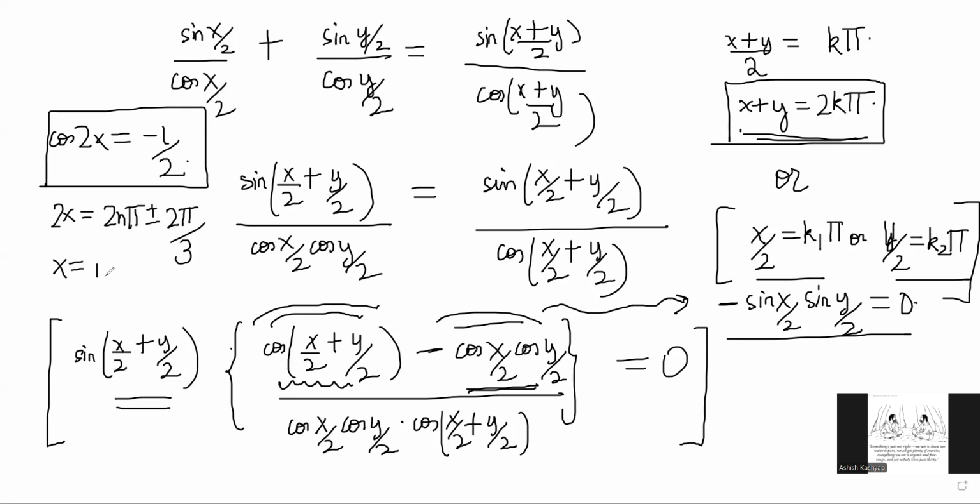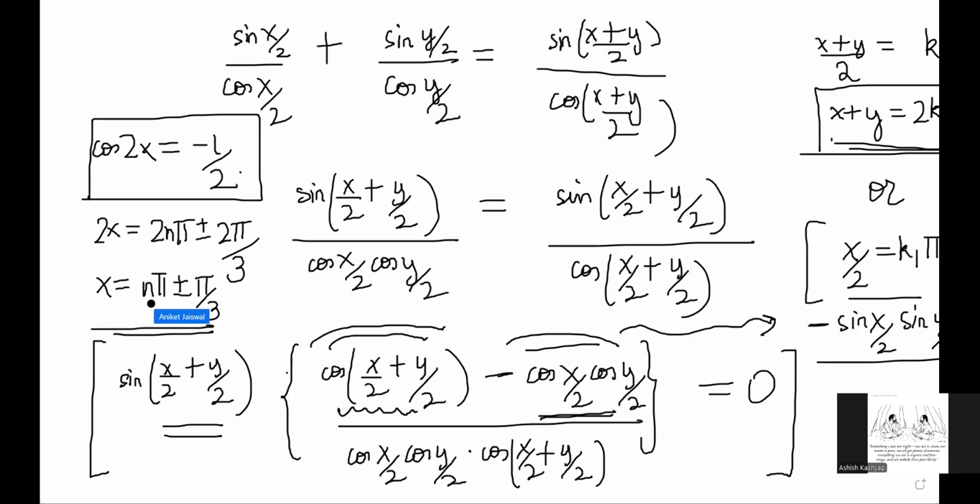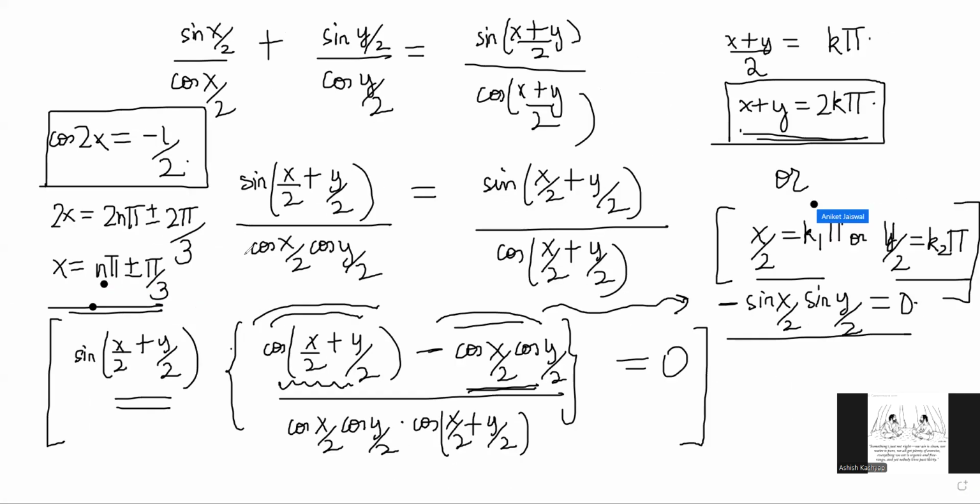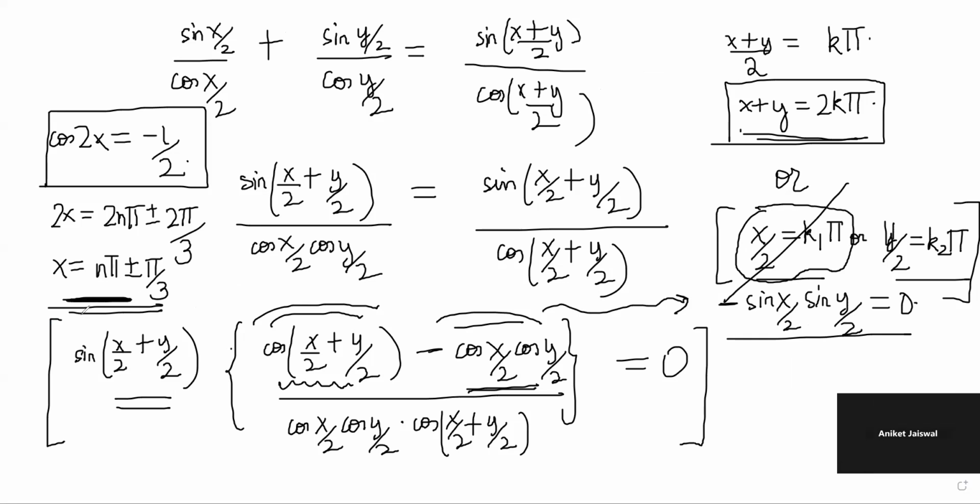So x is equal to n pi plus minus pi by 3, which guarantees that we cannot have x as 2k pi and all. Do you understand what I'm saying? x by 2 is equal to k1 pi cannot happen because it is not going to be like that. From here we are getting different values, right? So our intersection, this has to happen.